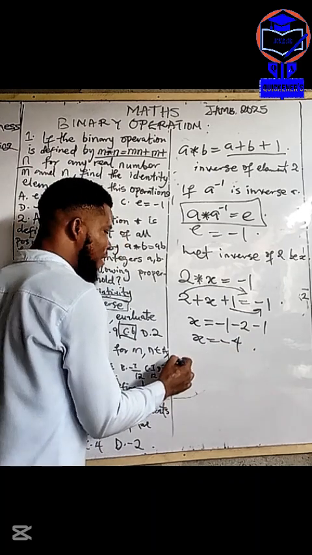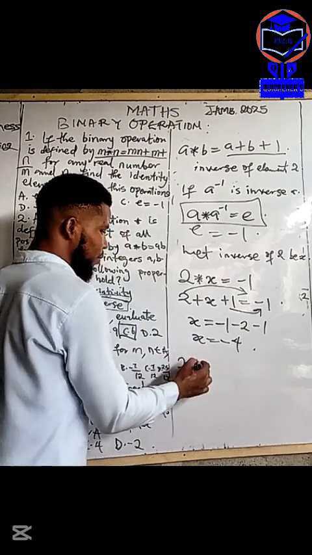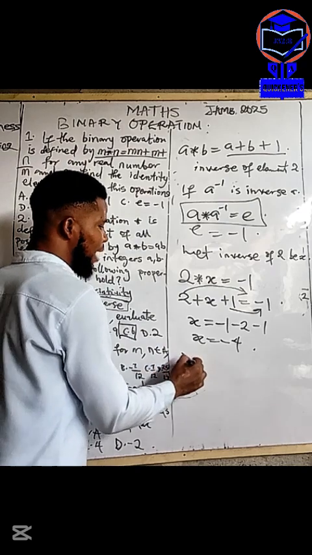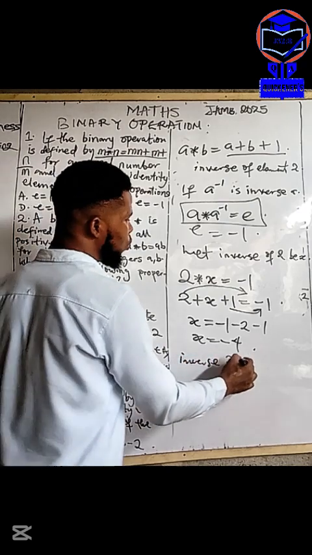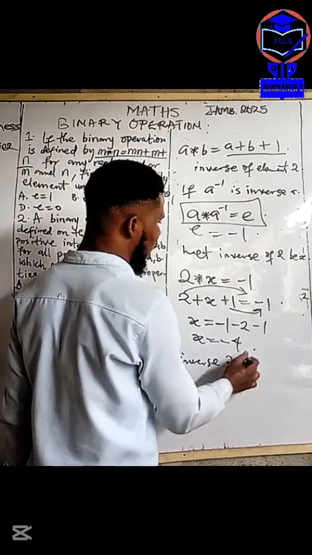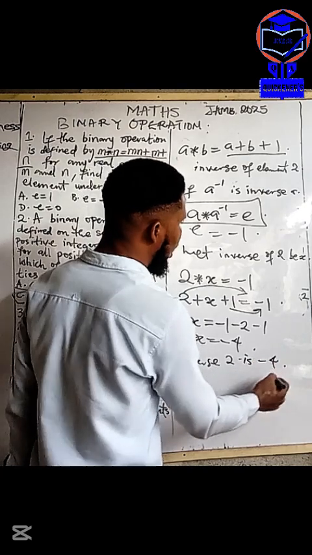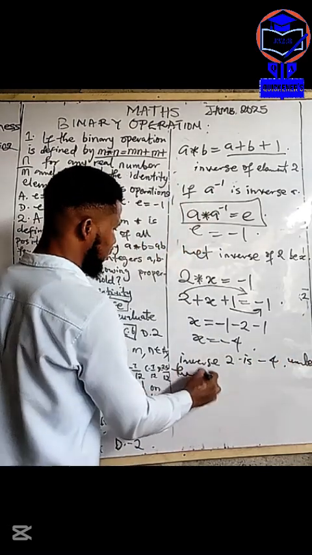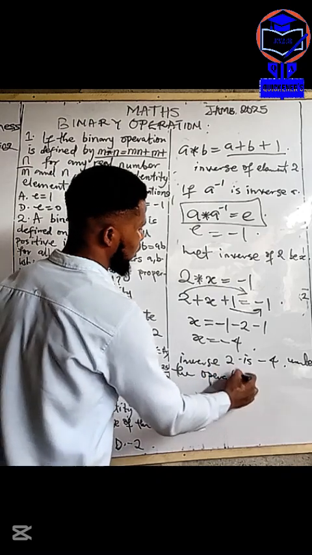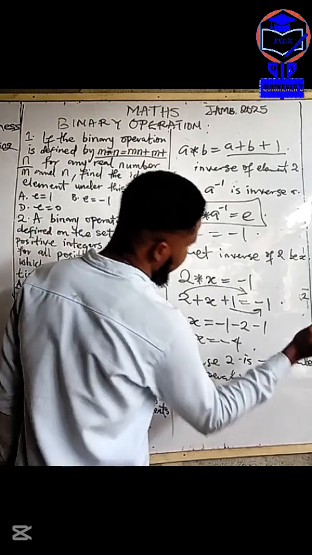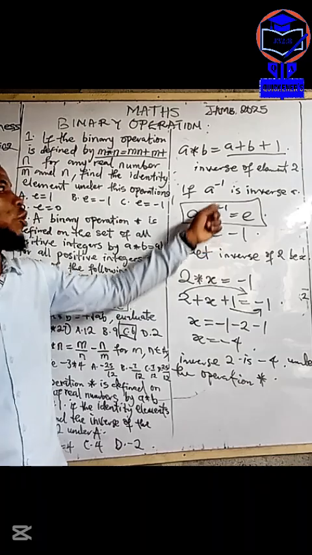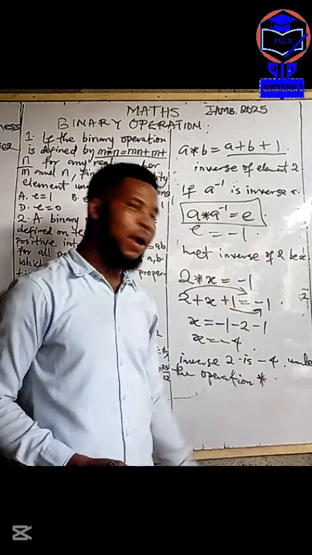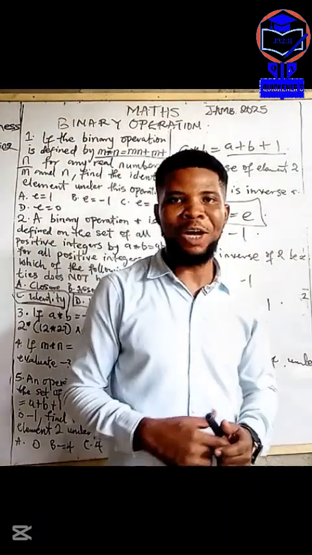So, the inverse of 2 is equal to minus 4 under the operation asterisk. Alright? Remember, this is how we solve this.